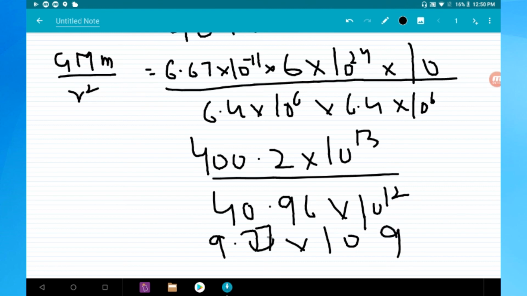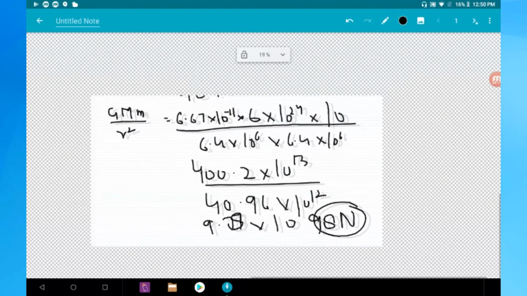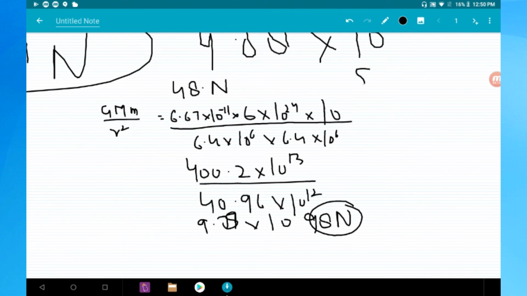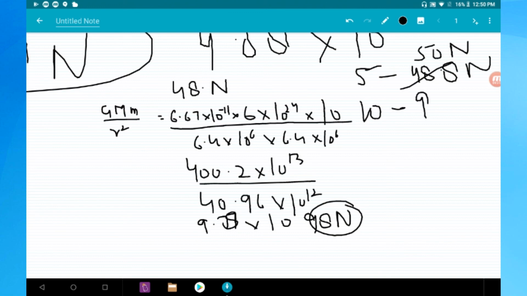Let's just approximate 98. It doesn't matter. So it's going to be 98 newtons just for simplicity. So now for the 5 kilo object, force is 48.8 newtons, and let's take this to be 50 newtons so that it's easy to calculate, and 98 newtons for the 10 kilo object.